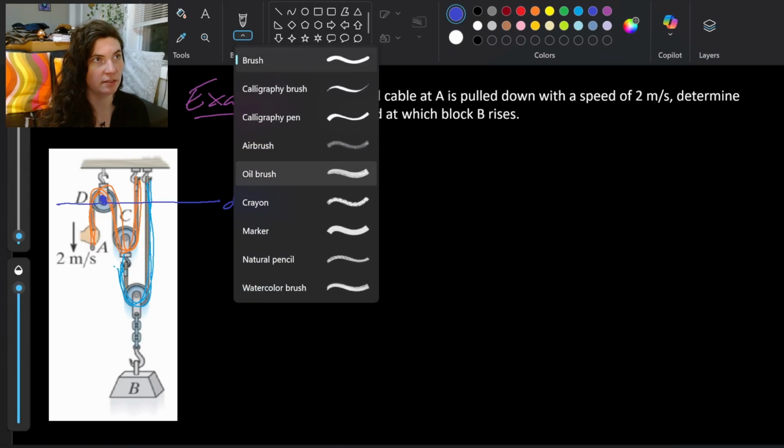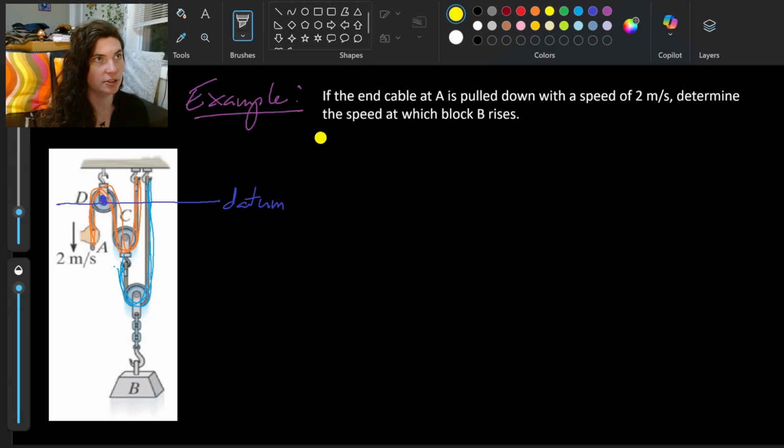Sorry, I was going to see if I could maybe have a highlighter to show. Right, so this portion, yeah, there we go. This portion that arcs over CD, that length is not changing. This length and this length of those blue and orange pulleys, they aren't changing. Really, it's all of those lengths below it that are going to be changing.